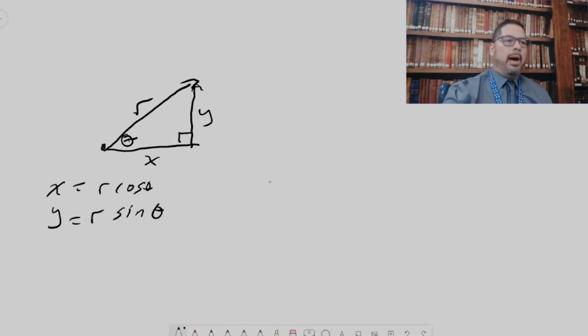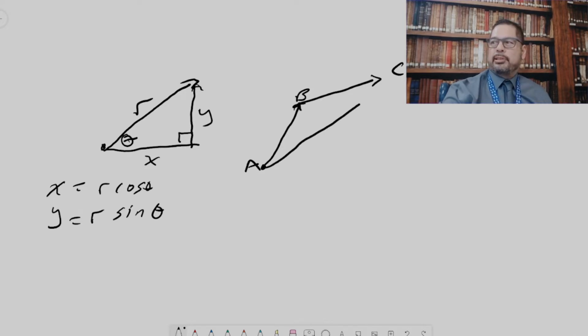With this in mind, if you have a typical sort of bearing problem, you go from point A to point B, and then from point B to point C. And often the traditional type of problem will ask you, how far is point A from point C?